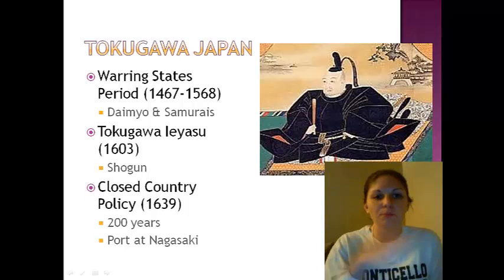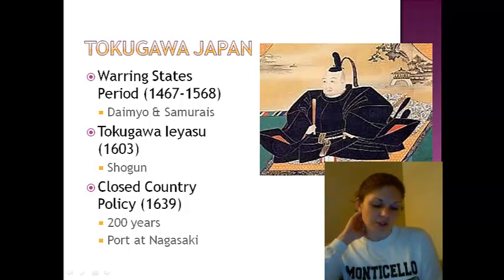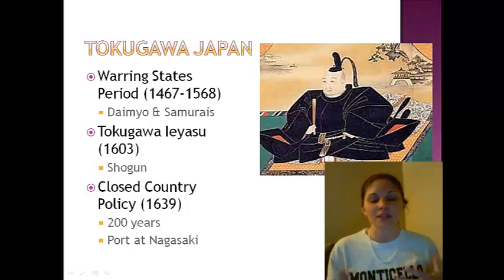Now, before he unifies Japan under his rule, the Europeans had already come to Japan. The Europeans first landed in Japan in 1543, and so during this time there's no single ruler to really control the Europeans' interactions with the Japanese or limit their trade or their interactions with the Japanese.